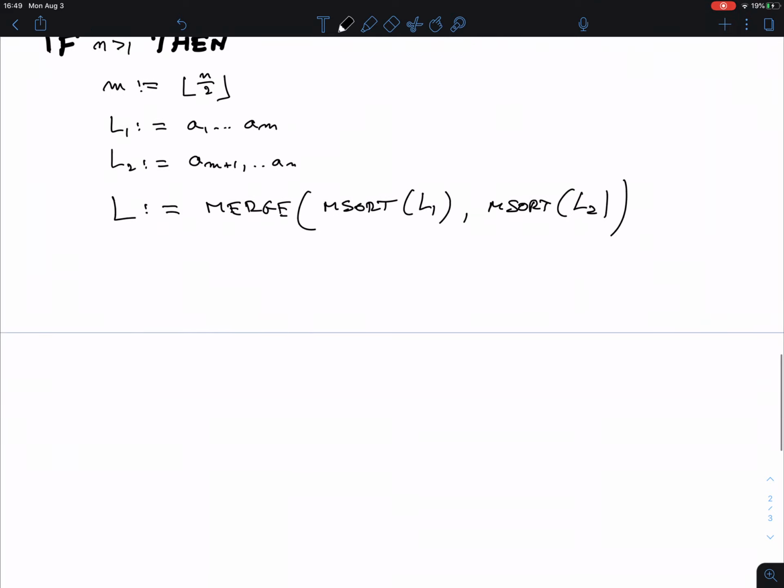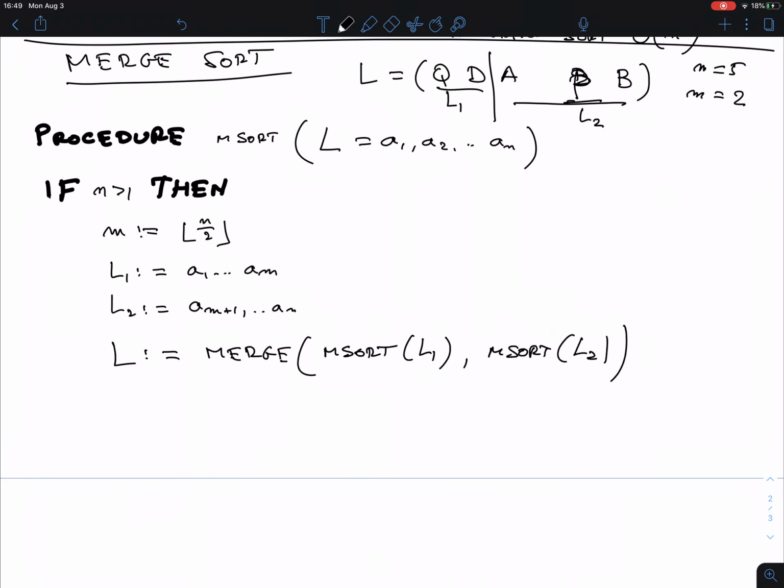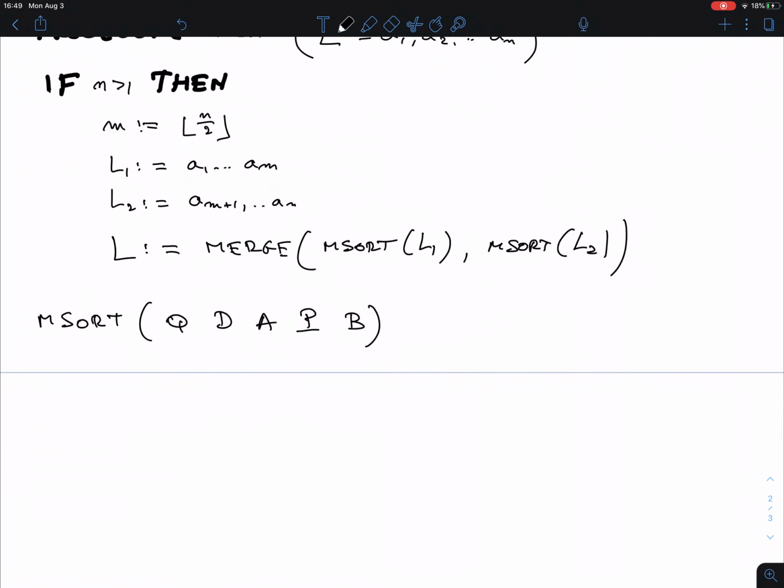Now let's do this on an example, on this example here that we had. Okay, so the original list was, so let me write it this way. I want to calculate M sort of the list Q, D, A, P, B. Okay, let's do these various steps.